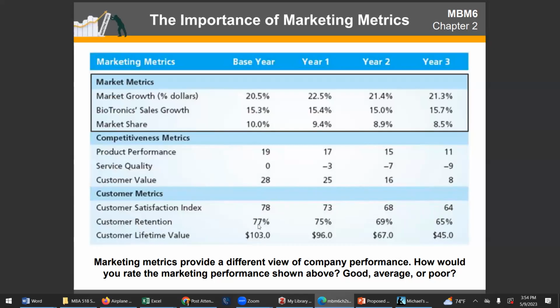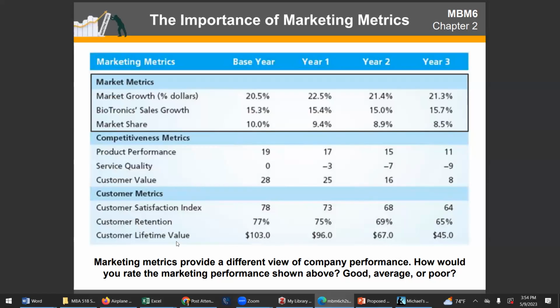Customer retention, how many customers are we losing? Again, we're getting indications that we're losing share to competition, and indeed, you can see that our retention, the number of customers that we keep from year to year, is slipping from 77 all the way down to 65. So that coincides with this market share slip.